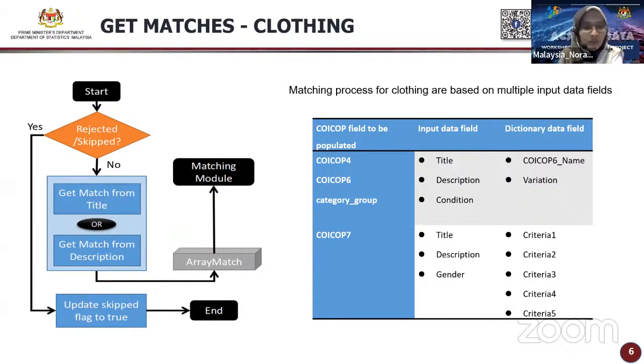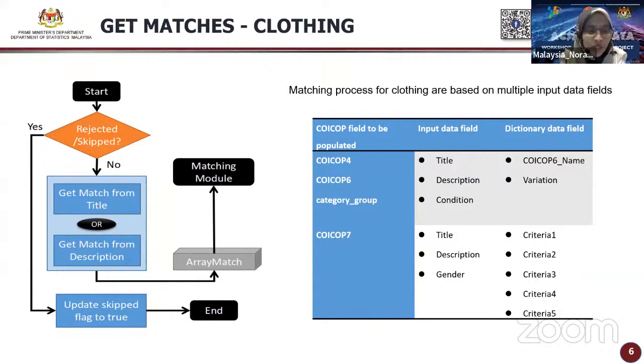Let's start. The input data are fetched and ready to be processed. As for rejected or skipped, filter out data that does not need to be processed. Get match from title will compare the input title with data in the dictionary and calculate matching score and status. And then next, get match from description will compare the input description with data in the dictionary and then calculate matching score and status.